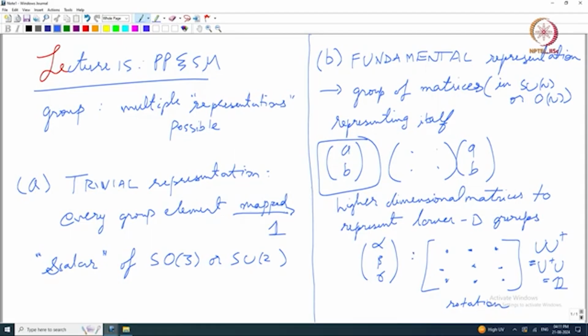As long as we satisfy that, it does not matter what the dimensionality of the matrices is that we use to generate the group. So I can represent SU(2) with a 7 by 7 matrix if I want. Higher dimensional representations are always possible, but these basically all constitute the fundamental representation. The matrices basically represent the group themselves.